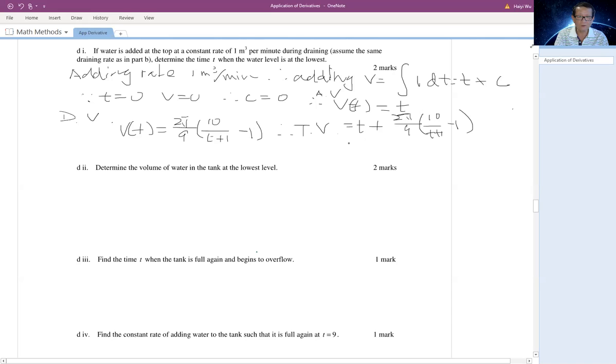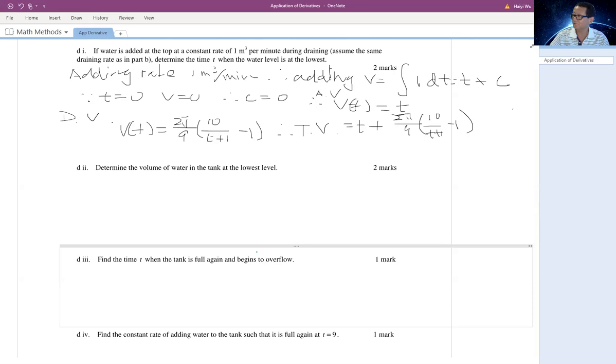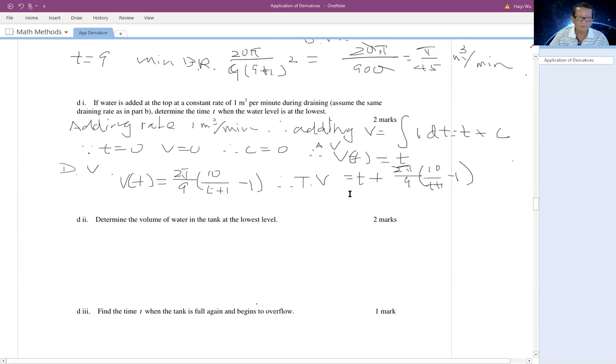Therefore, to determine how long it takes to reach the lowest level, we need to determine the time when the draining is at the lowest level.